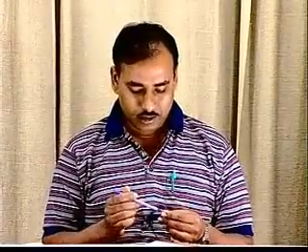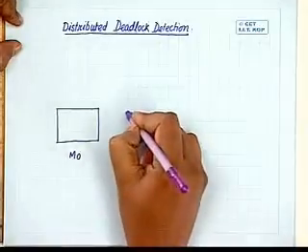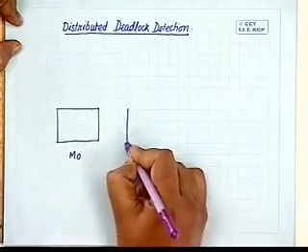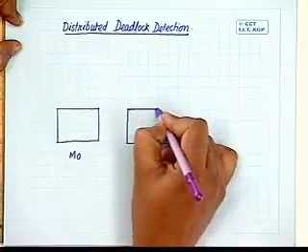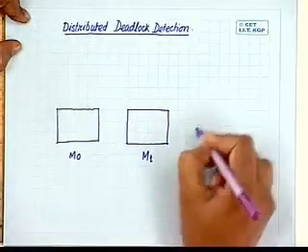We are discussing the problem of distributed deadlock detection, and in the last class we just started with an example. Suppose we have in the distributed system 3 machines, and we name the machines as M0, M1, and machine M2.